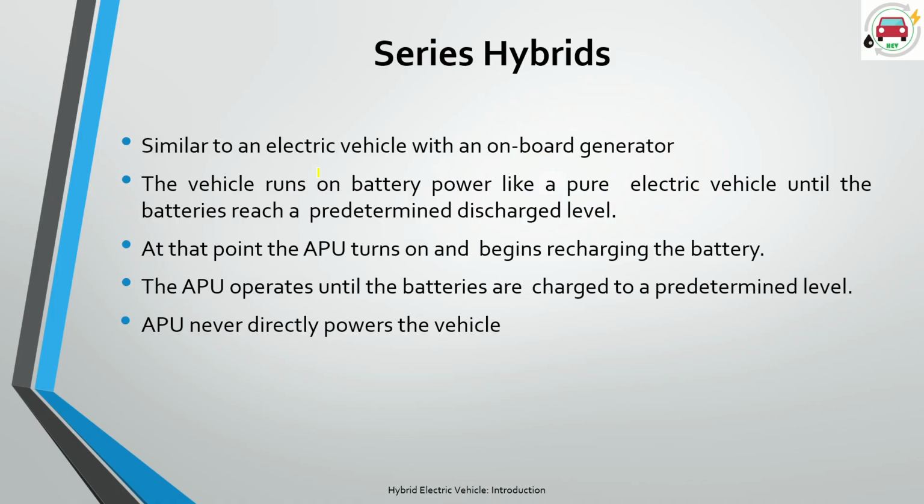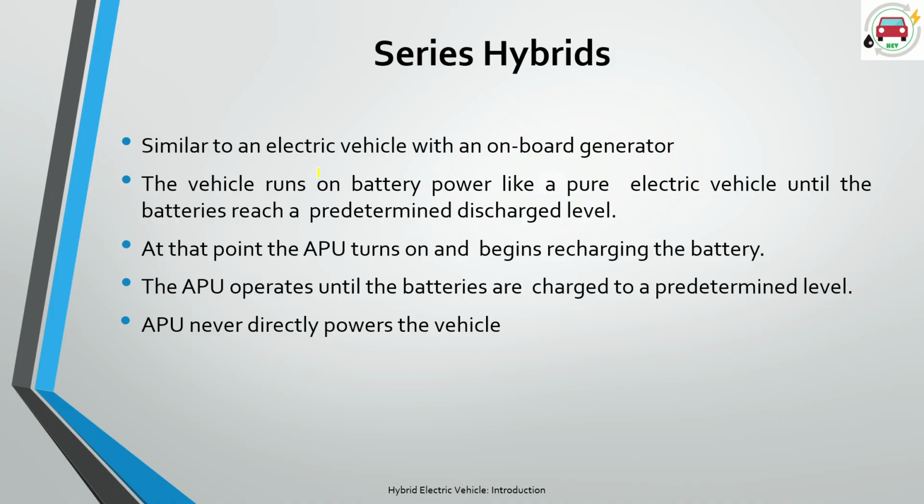That is, there are two types of hybrid electric vehicles. One is using both the batteries as well as the APU as a power source to run the vehicle. Both are used at a time.